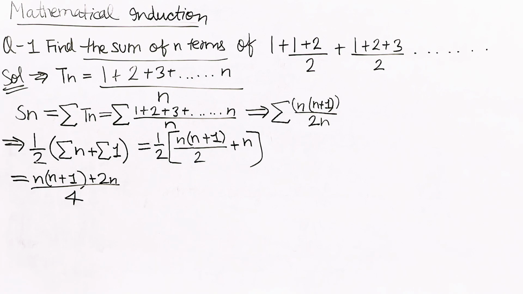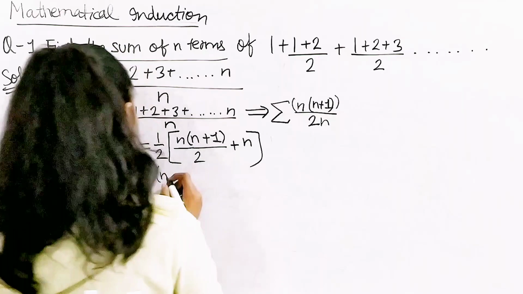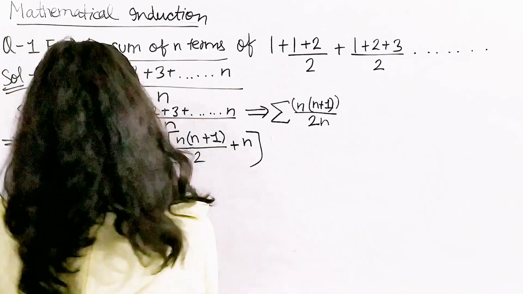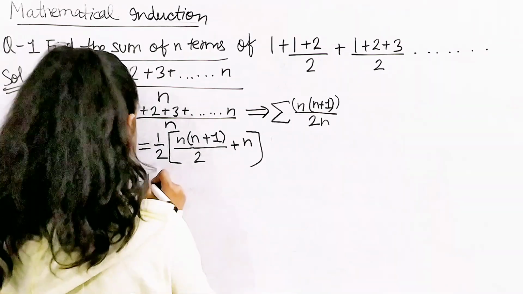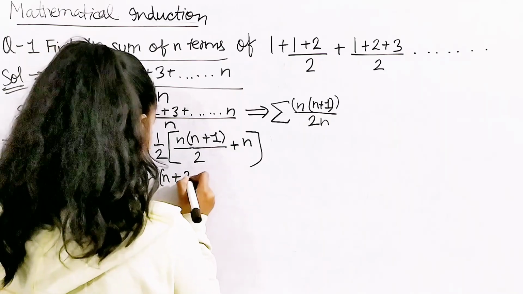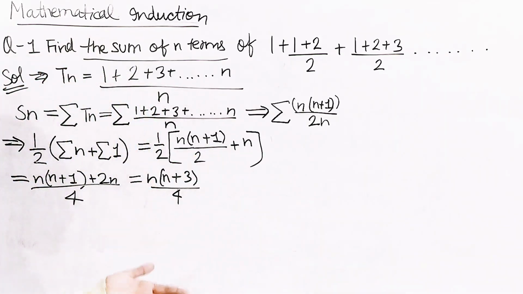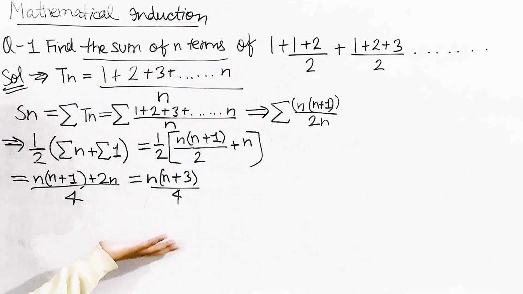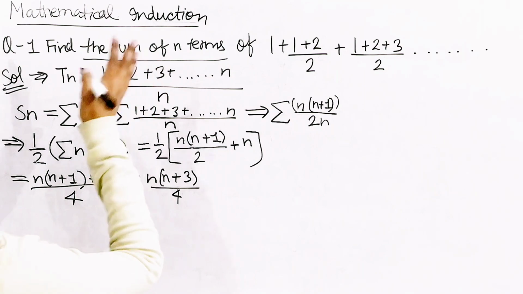And then let me write it in the easiest way. So n plus 3 upon 4. And this is our answer. That's it. We're done. So we have to find the sum of these n terms. Just have a look. This is what we were asked to do in this question.